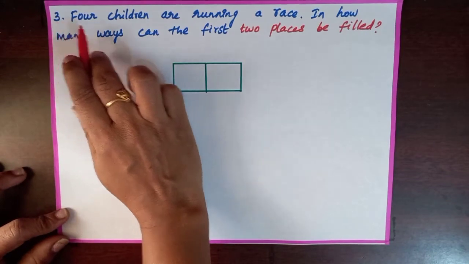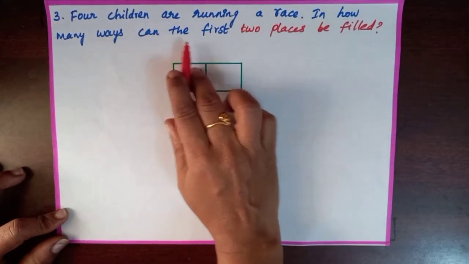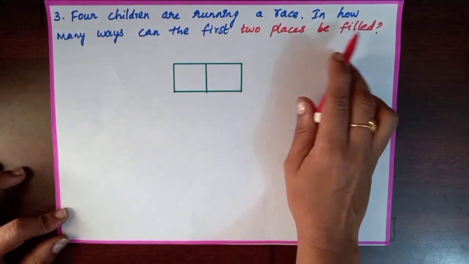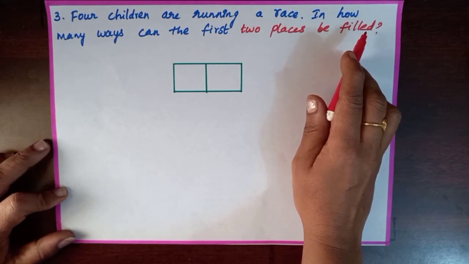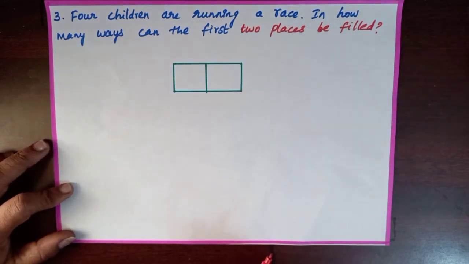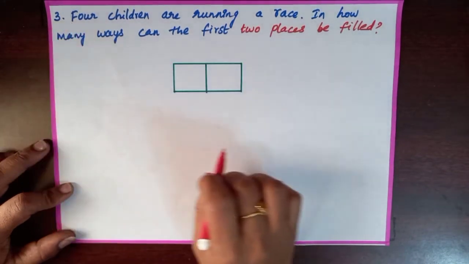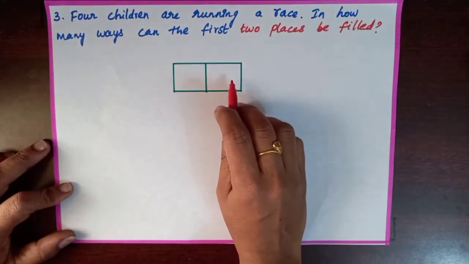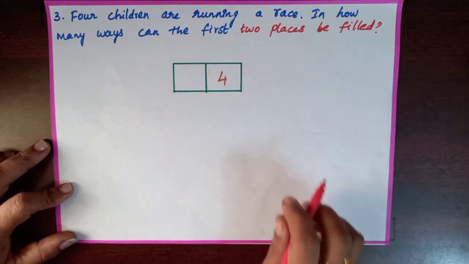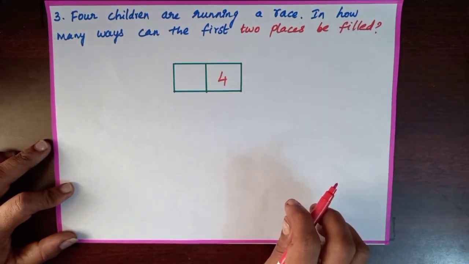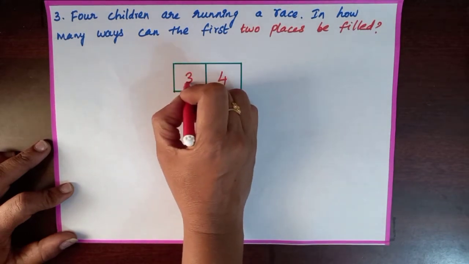Question number 3. 4 children are running a race. In how many ways can the first 2 places be filled? Okay. The first place can be given to any one of the 4 children. Total number of children are 4. First place can be filled by any one of the 4 children, and the second place can be given to any one of the remaining 3 children.